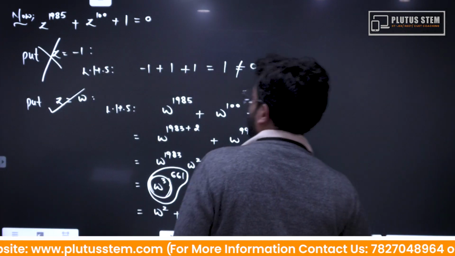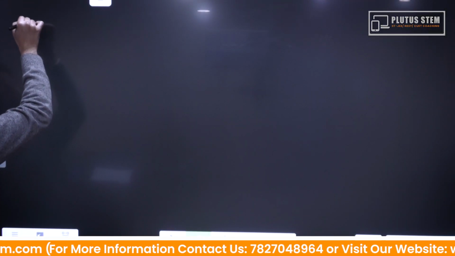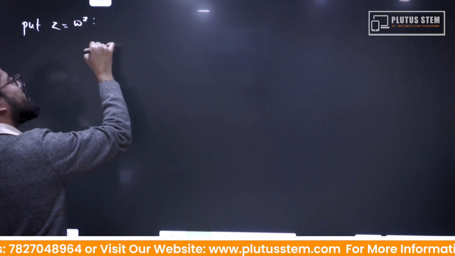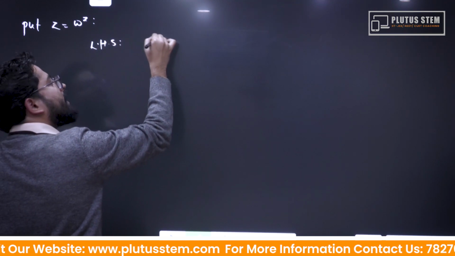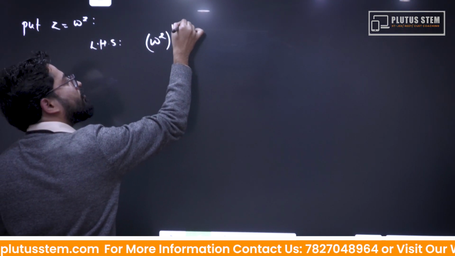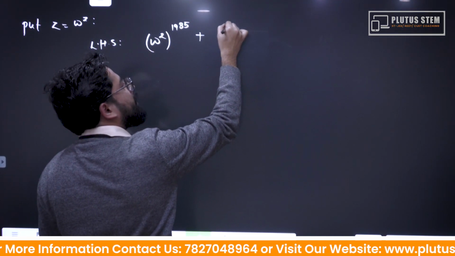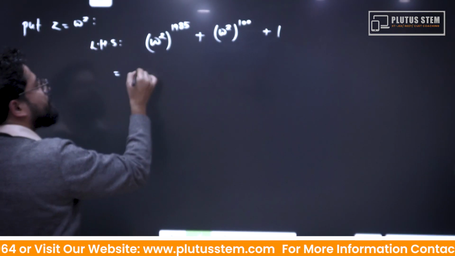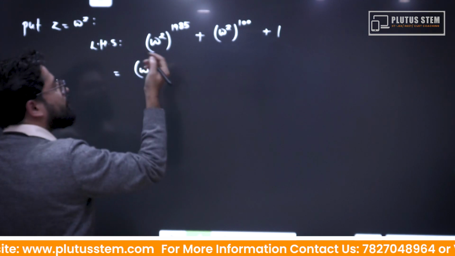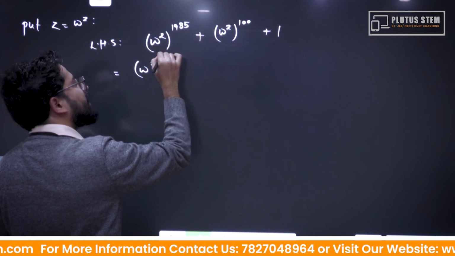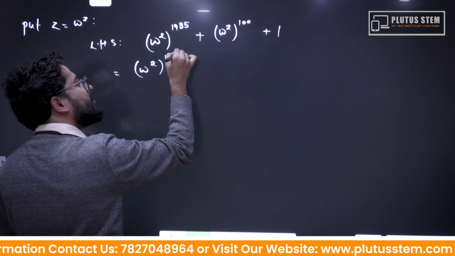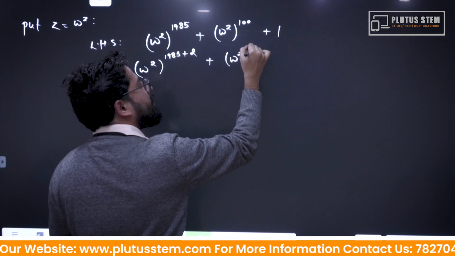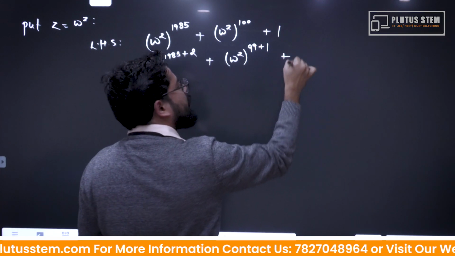Next, put z is equal to omega square. The left hand side will be omega square power 1985 plus omega square power 100 plus 1. That is omega square power 1983 plus 2, plus omega square power 99 plus 1 plus 2.